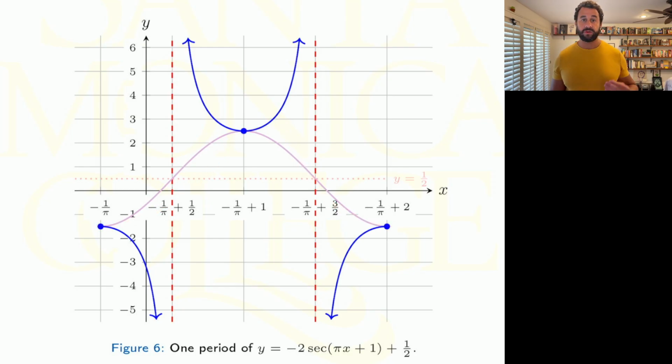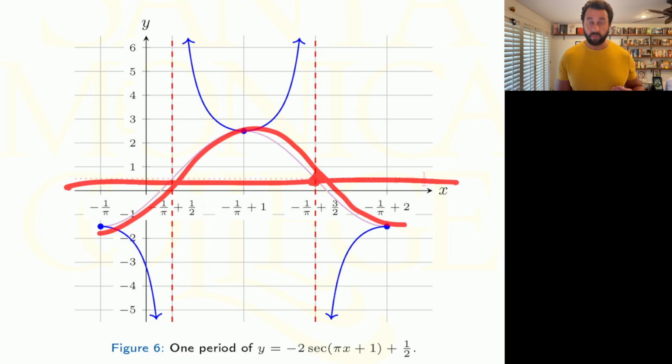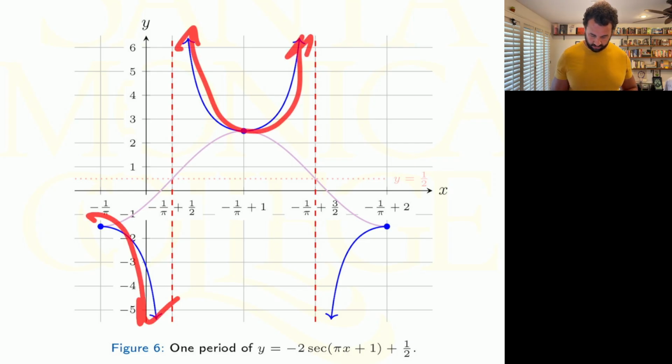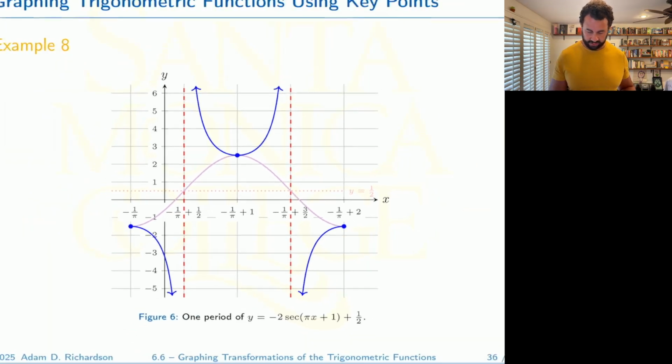To get our reciprocal function, everywhere that cosine crosses this midline, we're going to have a vertical asymptote by that important property of limits, right? And now we can sketch secant. There you go, just like so. And that is one period of that transformed secant function.